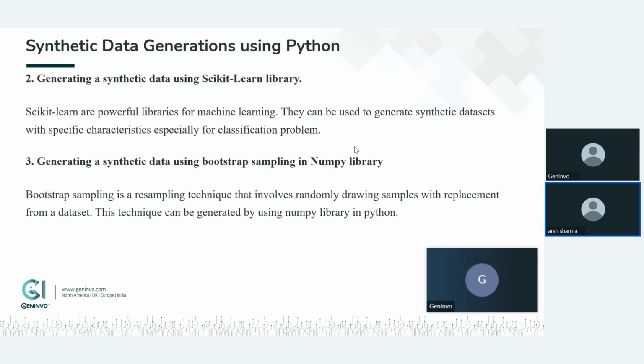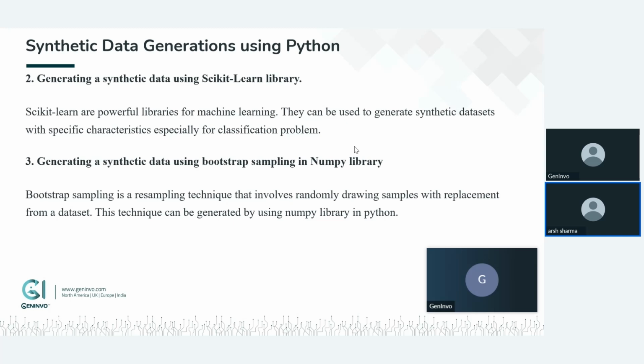Next is generating synthetic data using the scikit-learn library. These are powerful libraries for machine learning. They can be used to generate synthetic datasets with specific characteristics, especially for classification problems. We are not applying all of those in our tools. It depends upon the problem statement.